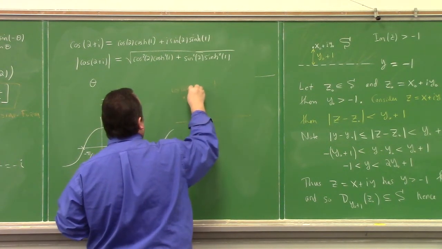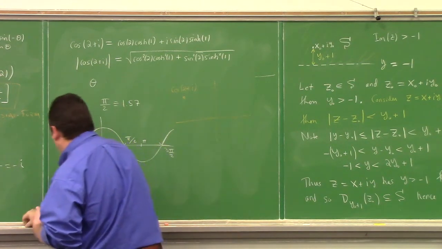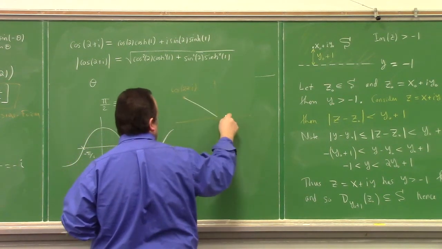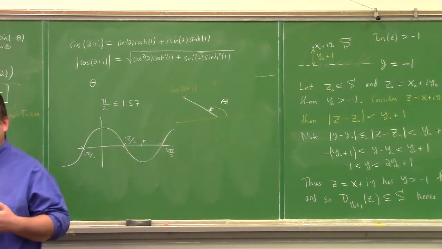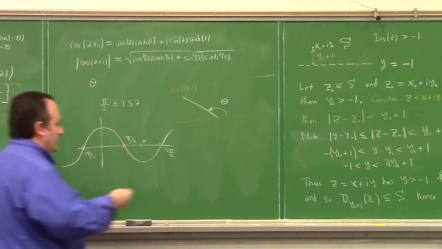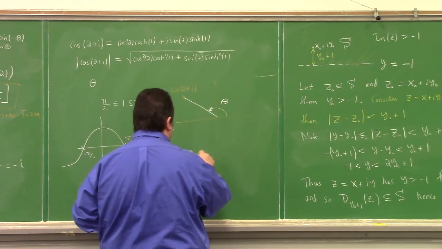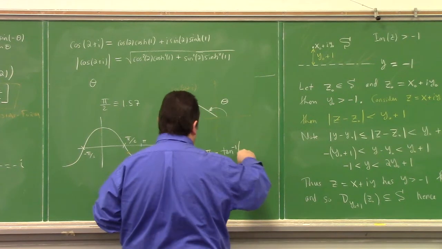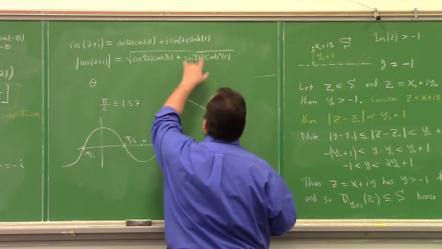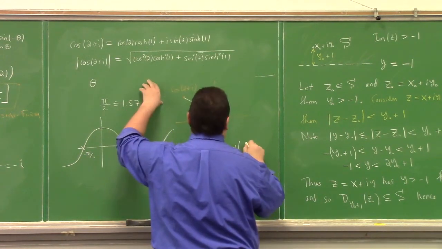It is in the annoying second quadrant. It's over here, yeah? So to find the angle theta, we do theta equals pi minus inverse tangent of y over x. So, you know.